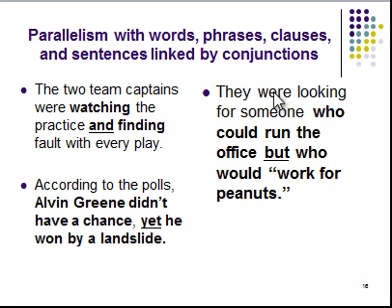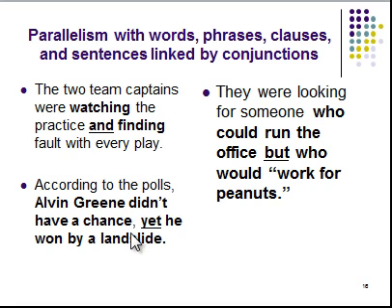So for example, here the two team captains were watching the practice, and here is a conjunction. Watching, finding. This is parallel. According to the polls, Alvin Green didn't have a chance, yet he won by a landslide. This is also parallel. Yet.